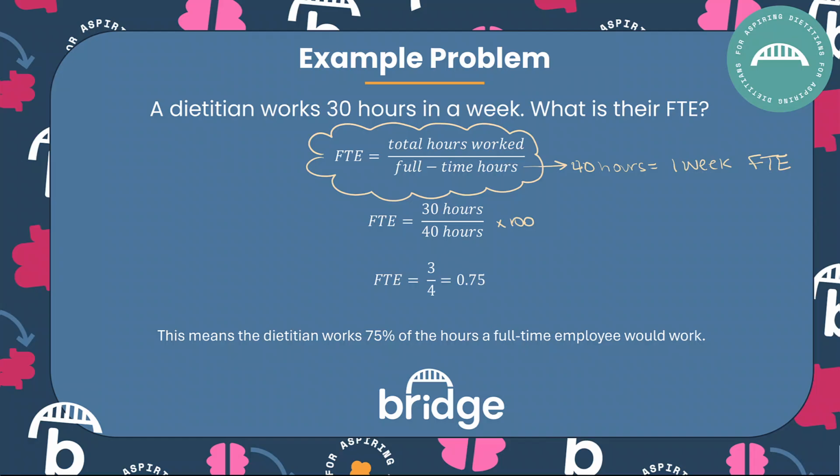So to convert FTE to percent, we'll just multiply the decimal by 100. 0.75 times 100 is equal to 75%. So someone working 30 hours per week is working 75% of a full-time schedule, or 0.75 FTE.